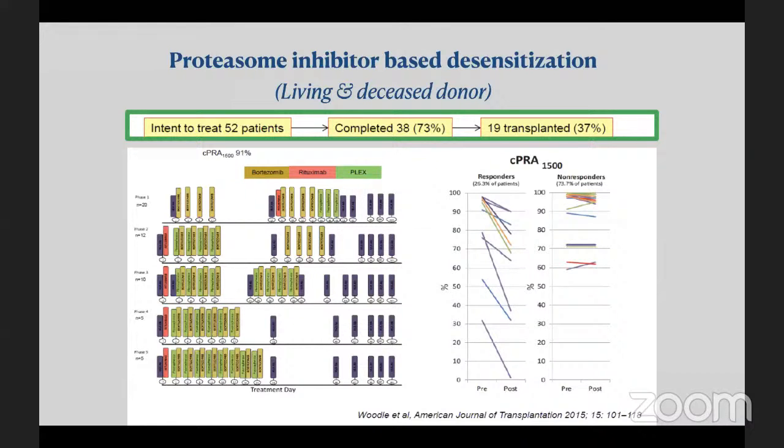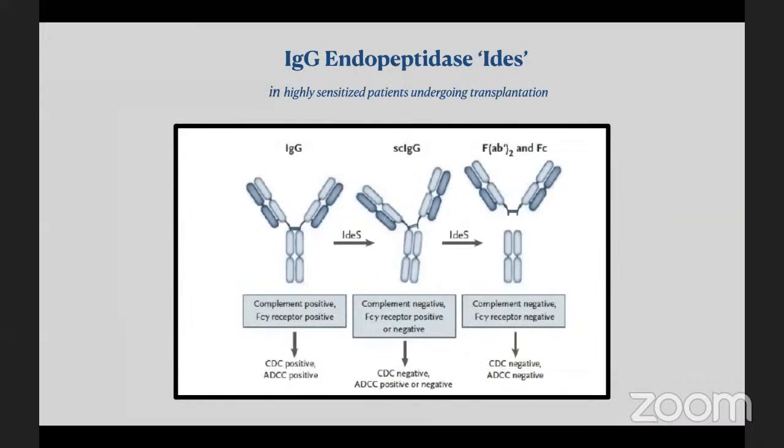This was Steve Woodall from University of Cincinnati, where he used proteasome inhibitor-based desensitization. And here also, only 37% of the patients with rituximab, with plasma exchange, could undergo a successful transplantation.